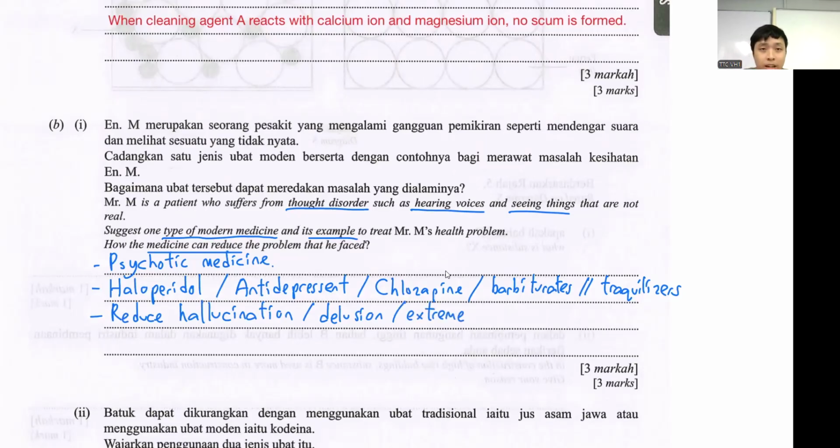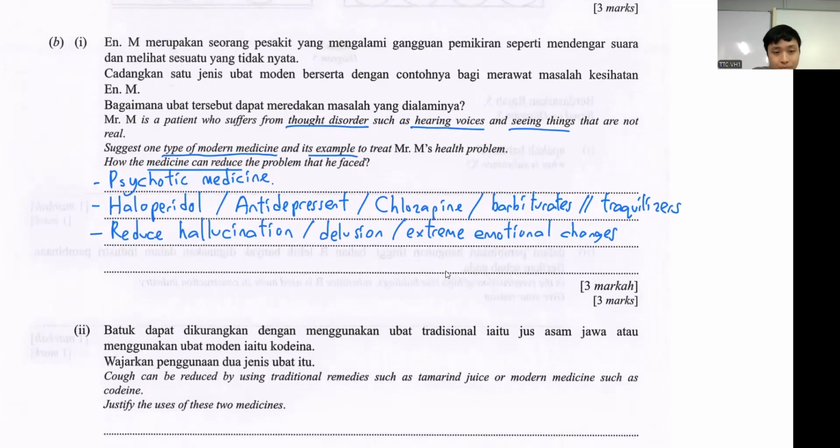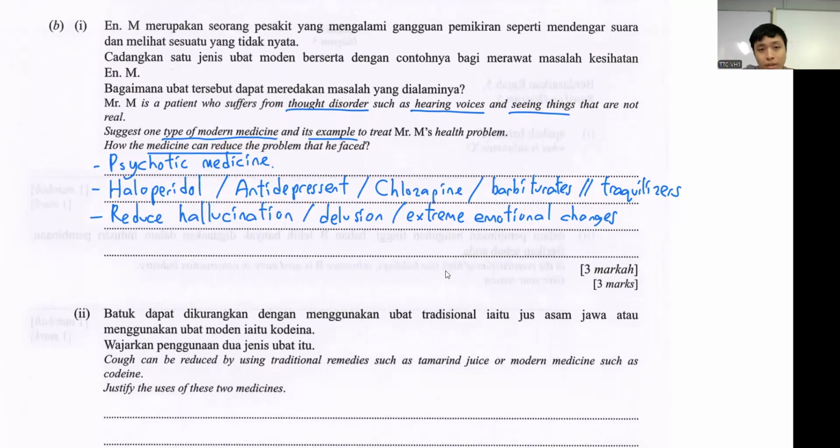Yeah, sometimes people suddenly angry, suddenly very sad, suddenly crying. Okay, suddenly want to die. Yeah, extreme emotional changes. I can just say any of these. A lot, actually, a lot of answers. 3 marks. You see, okay.